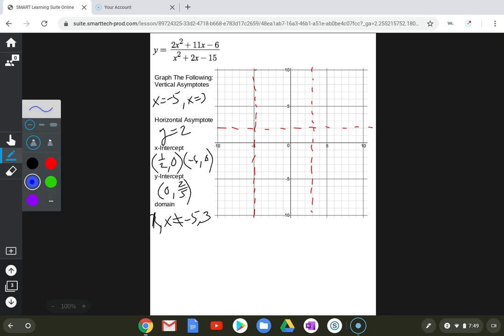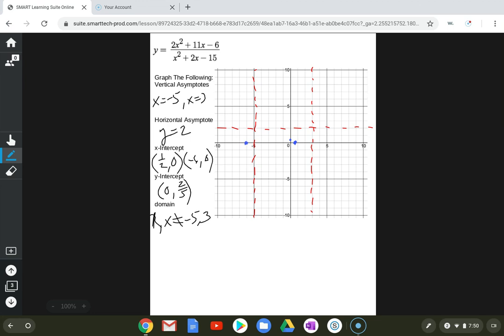I think I'm going to draw the graph in blue so you can see it a little better. So we have an x-intercept at 1/2, 0, and at negative 6, 0. All right, then we have a y-intercept at 0, 2/5, which is just like up here.